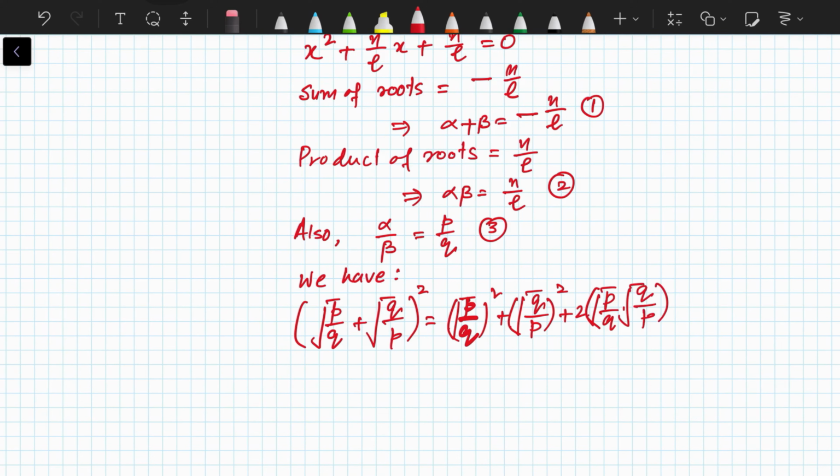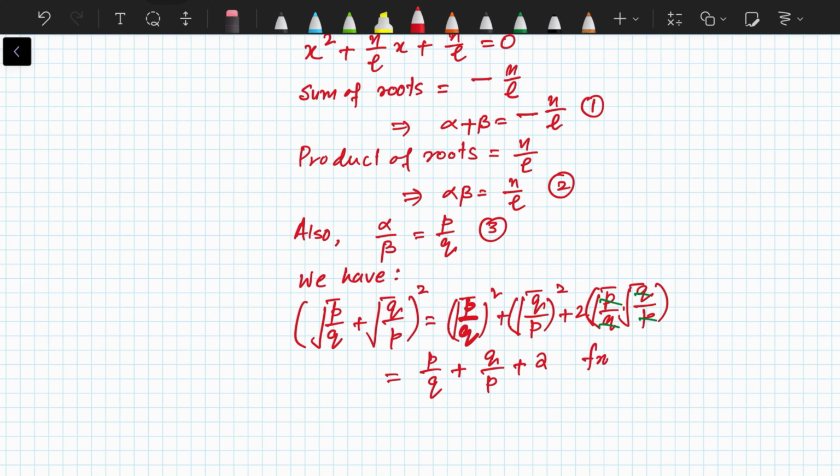So in general, these square root terms are going to be cancelled, and you will have 1 in here. So this is equal to p over q, the square root and square cancel each other, and plus you have q over p and plus 2.